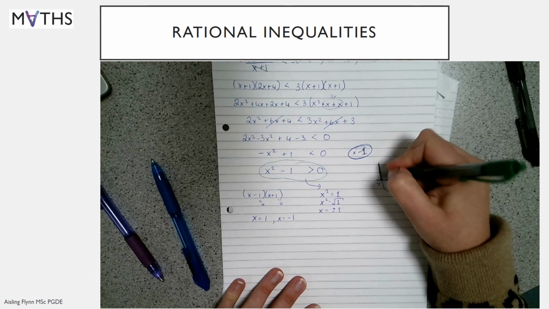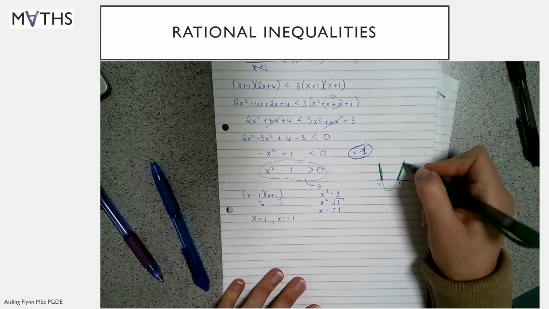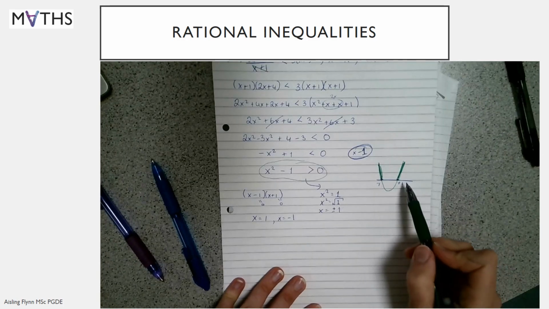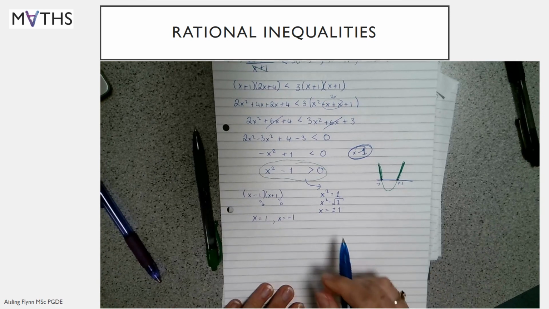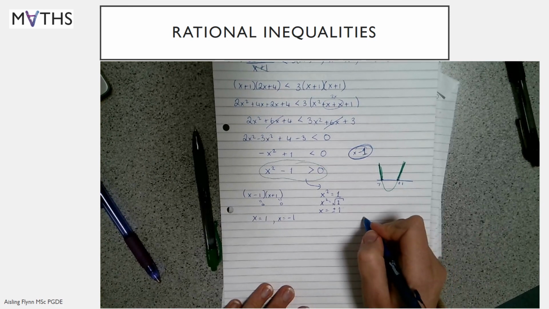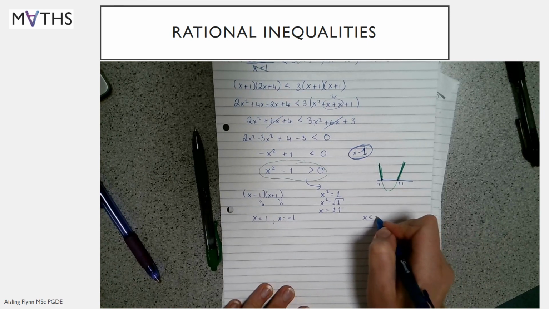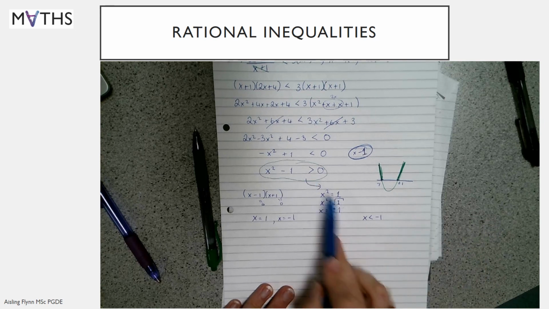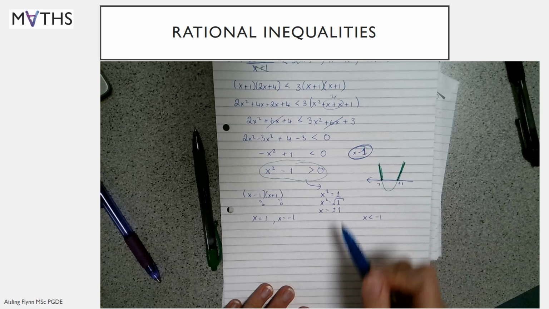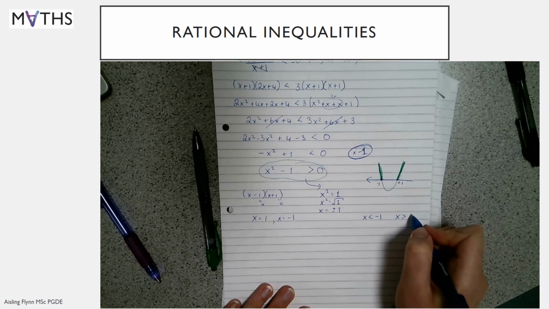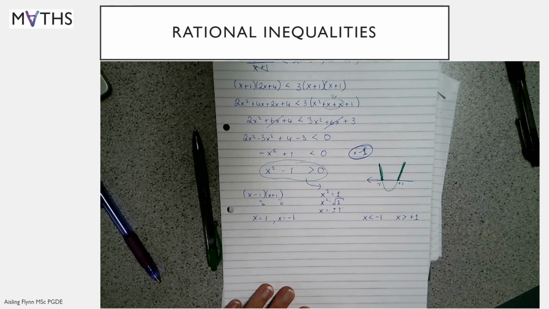So here and here. So two separate sections of the graph. So I'll give my answer in two separate sections. I'll say when x is less than minus 1, no equal to bit. So when x is to the left of minus 1 and when x is to the right of plus 1. And there's my answer.